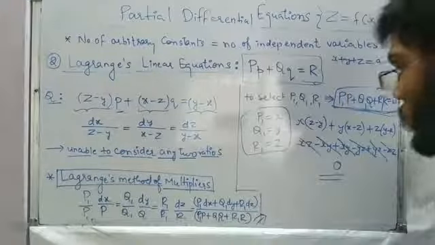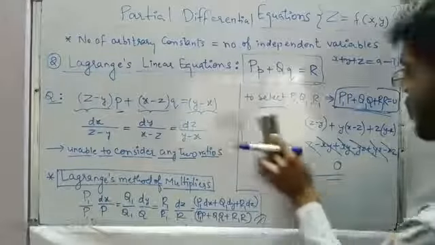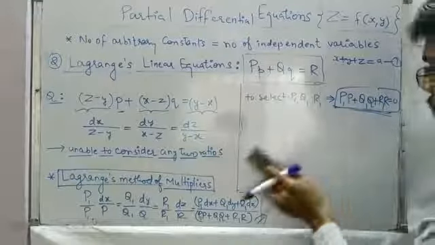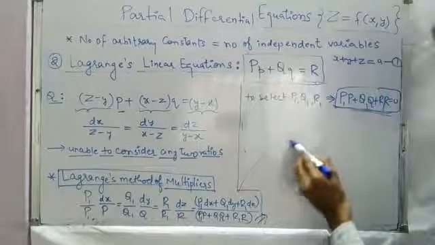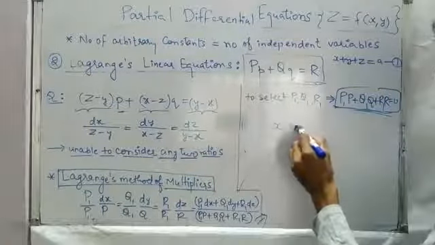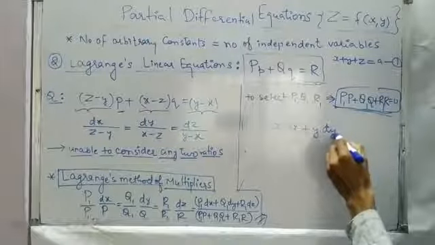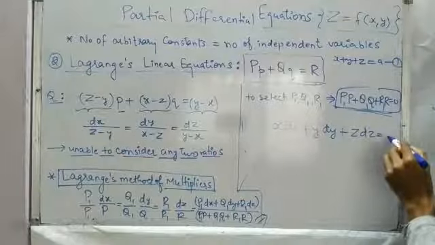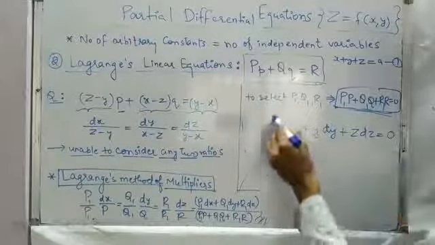So we'll have to make use of the numerator now, and come up with another function v of x comma y comma z is equal to 0. So make use of this: p1 dx, where p1 is nothing but x, q1 is nothing but y, and r1 is nothing but z, plus dz is equal to 0, and integrate both sides.